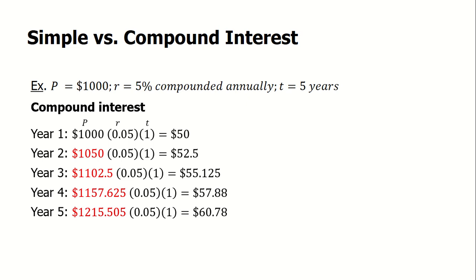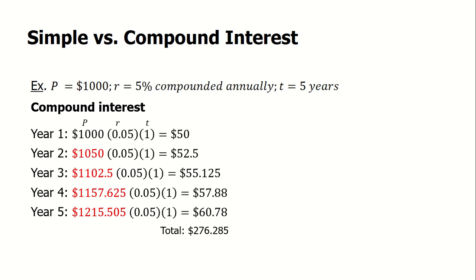This is what we mean when we say the interest is compounded. You are not only computing the interest using the original amount, but the interest that you incurred every year is added to that original amount. And that results in a higher total interest at the end of the 5-year period.